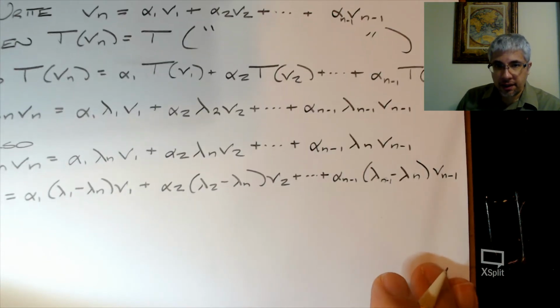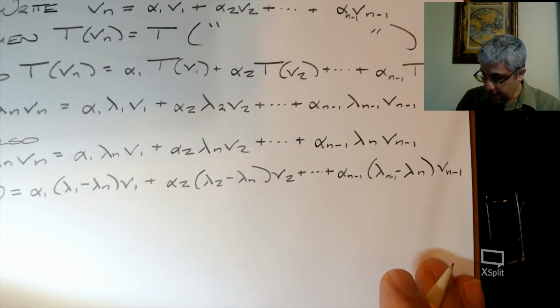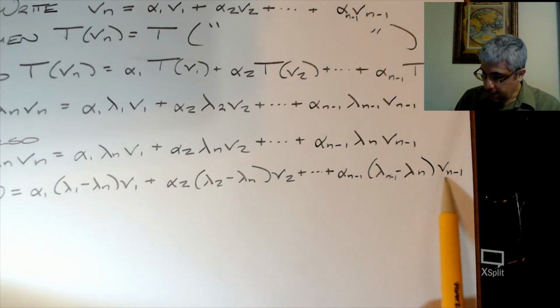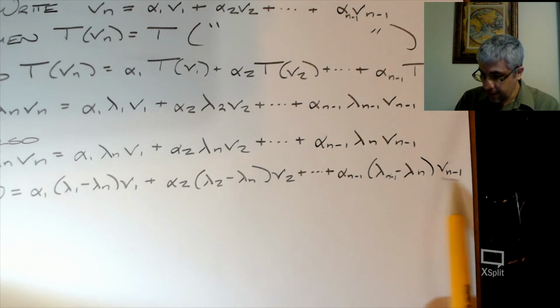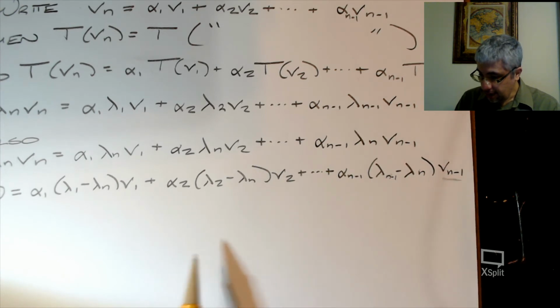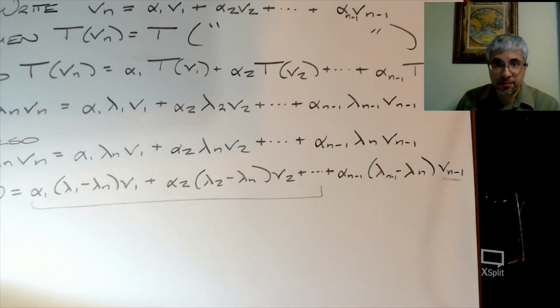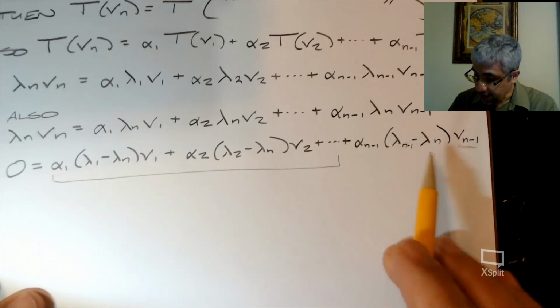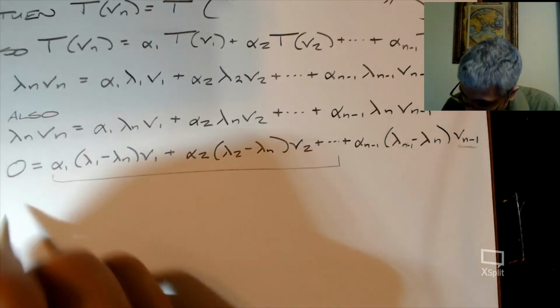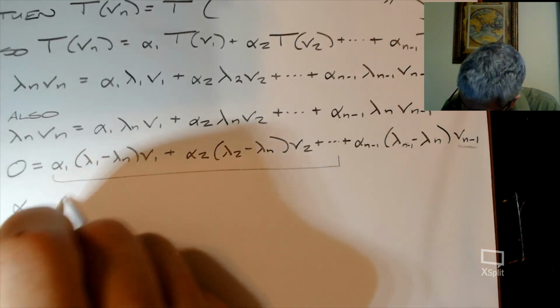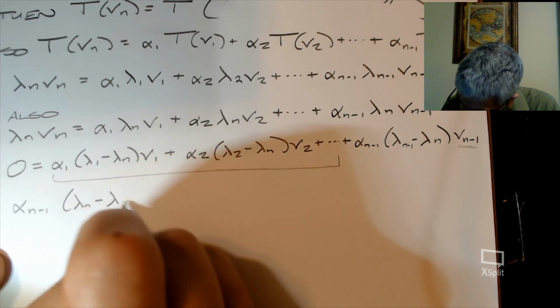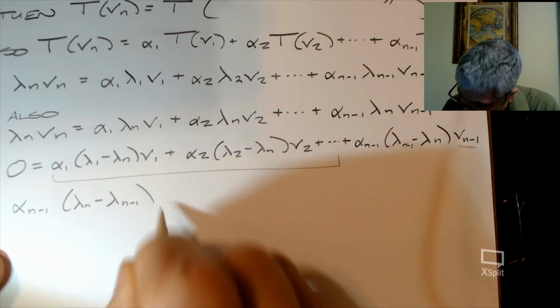What have I concluded? Well, V n minus 1 is in the span of the terms before it, because I could always write this with lambda n minus lambda n minus 1. I'll take the negative by switching the position of these two.